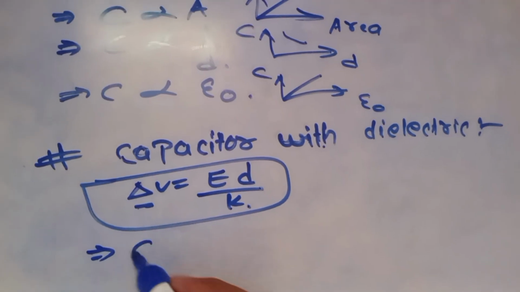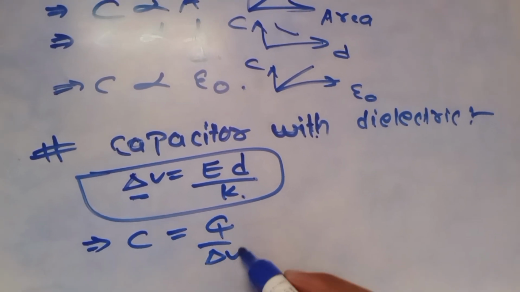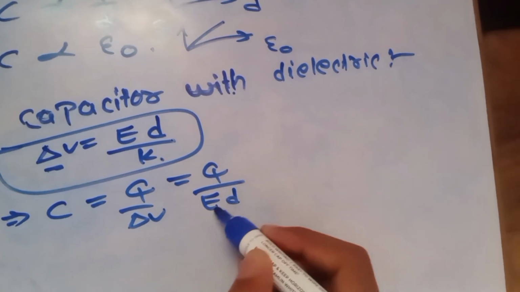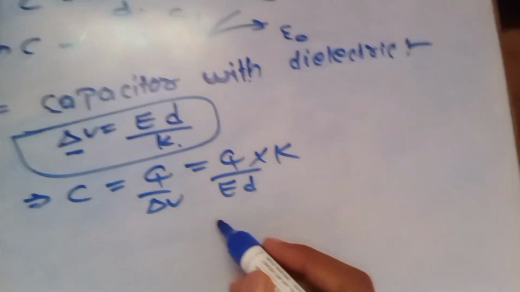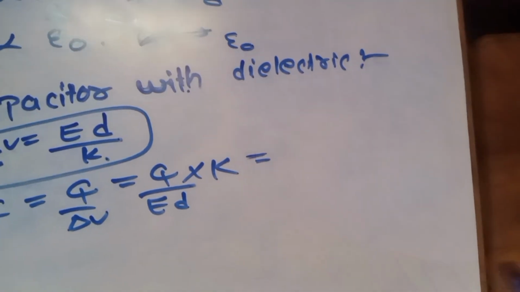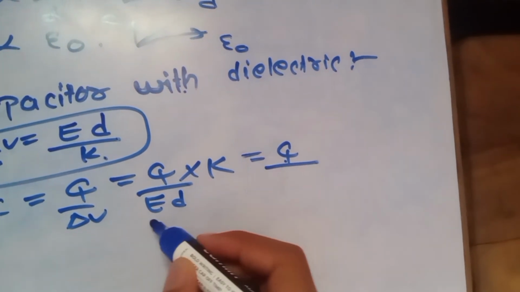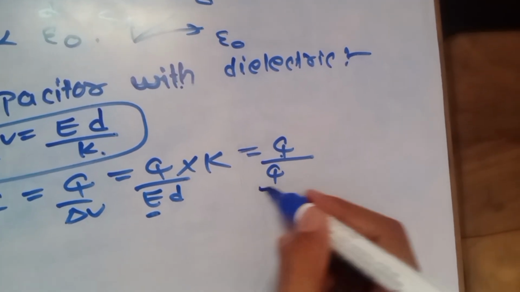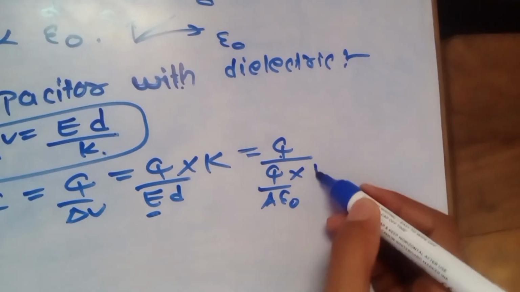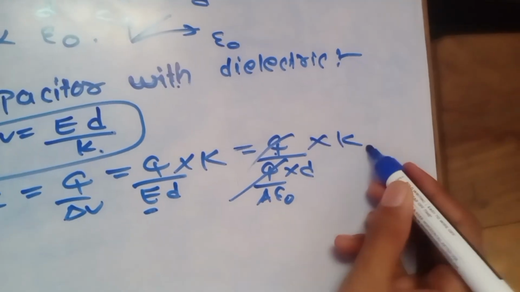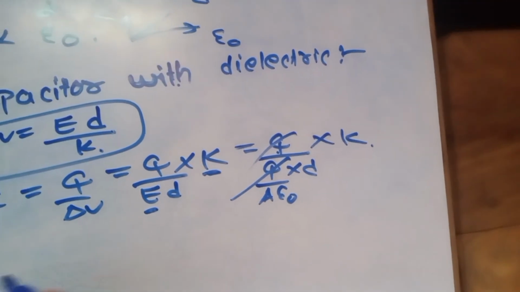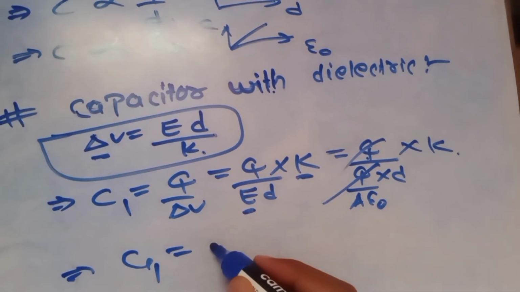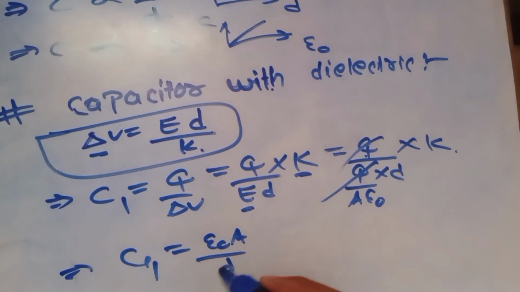So capacitance C equal to Q divided by delta V, which is Q divided by ED by K. E can be replaced by Q divided by A epsilon naught, into D. This cuts this and also K. So C1 equal to epsilon naught A by D into K. This epsilon naught A by D is the capacitance of the parallel plate capacitor in air, C naught.